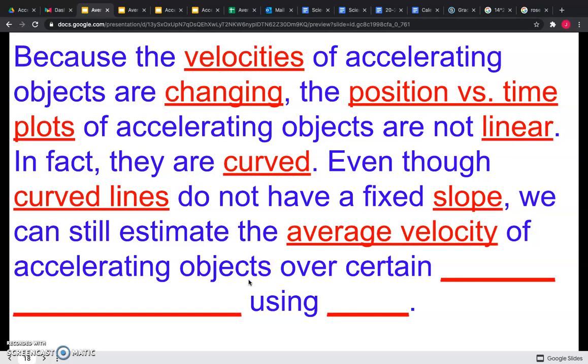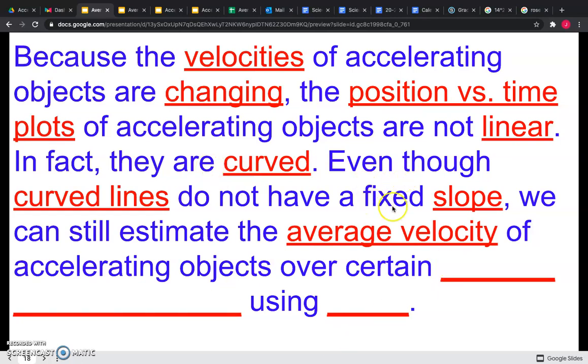Well, now the velocity is going to be changing, so we're not going to be able to find one velocity to describe the entire motion of the object. It'll be different at the beginning than it is at the end. So what we're going to be doing is determining the average velocity of our toy cars as they moved along. And you'll see it'll be very similar to how we calculated slope before.